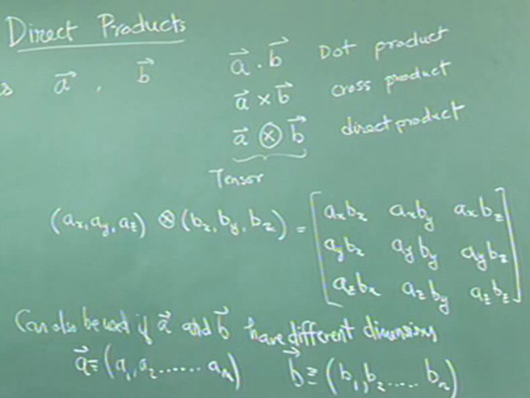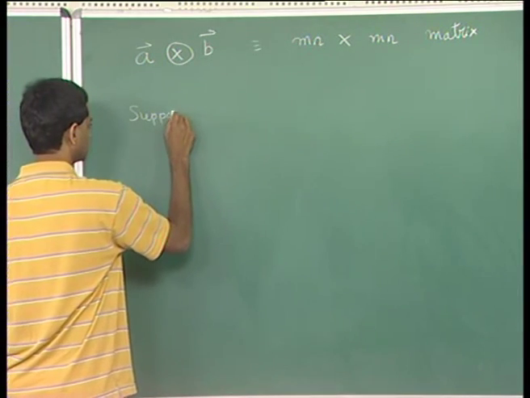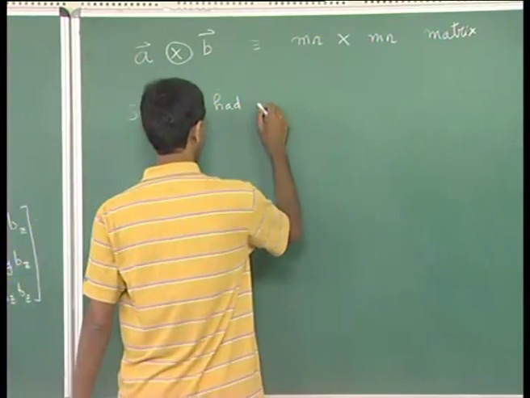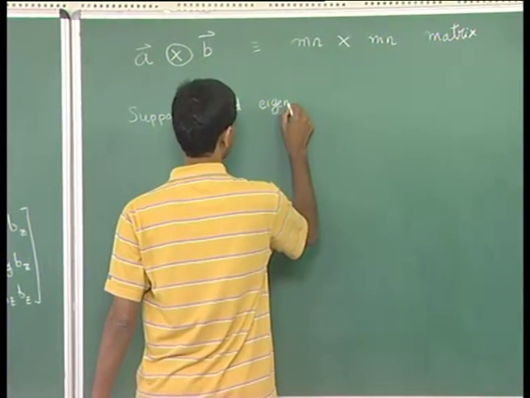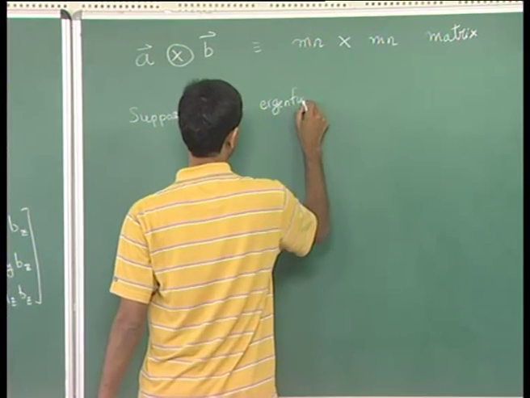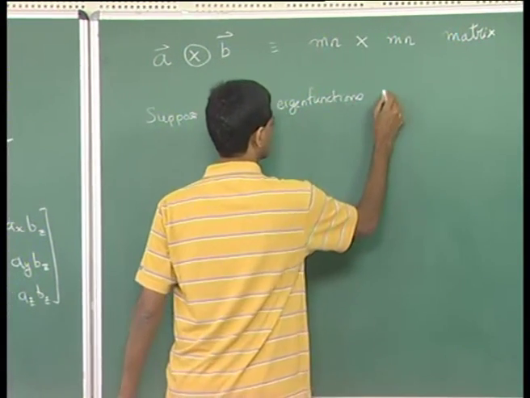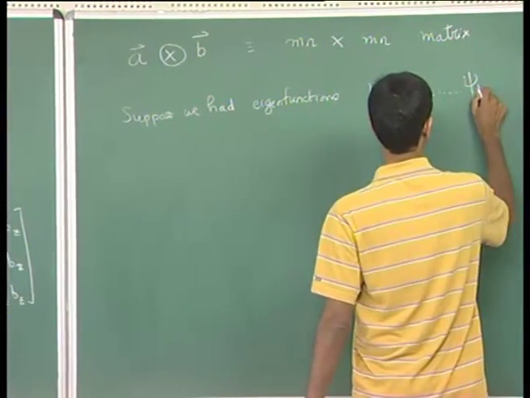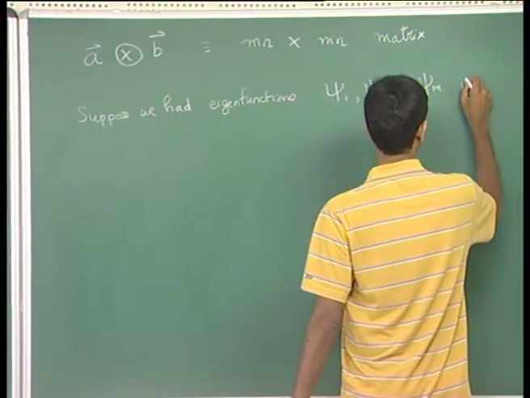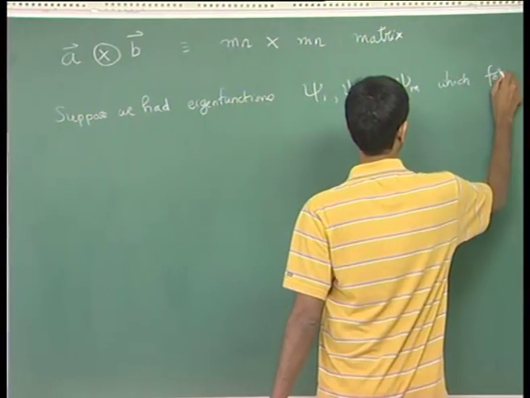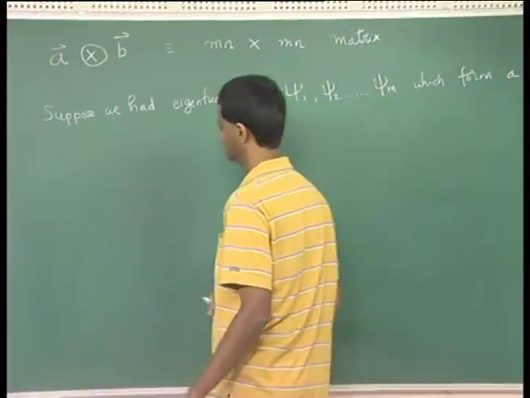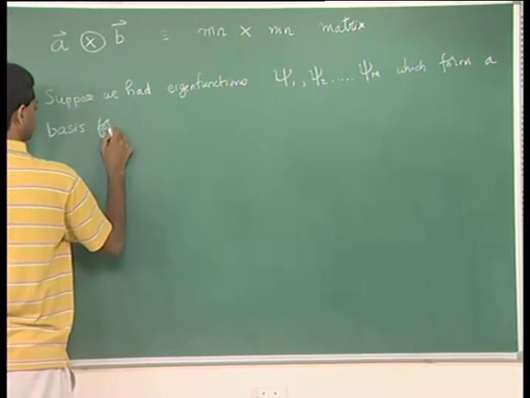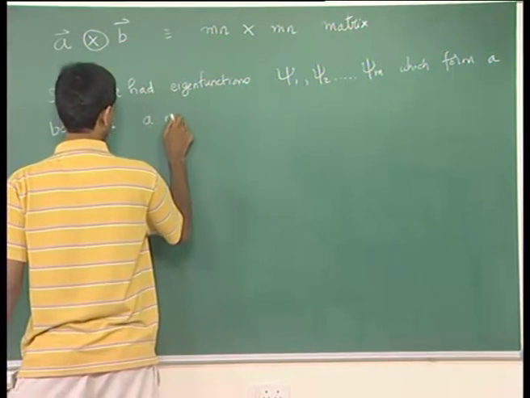Now, suppose we had eigenfunctions psi 1, psi 2 up to psi m, which form a basis for a representation.